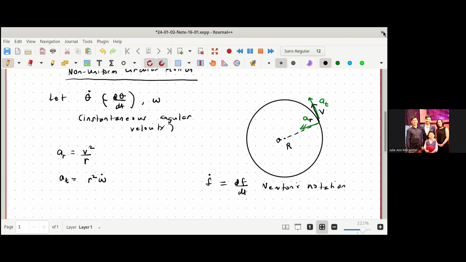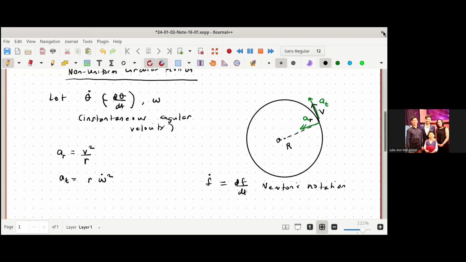Pero paano po yung mga iba, kung hindi po dt yung sa ilalim? Meter, yeah, r, I think omega dot pala to. Yung units kasi should be meter per second squared. So, ito yung tamang dimensionally, ito yung ini-expect ko.